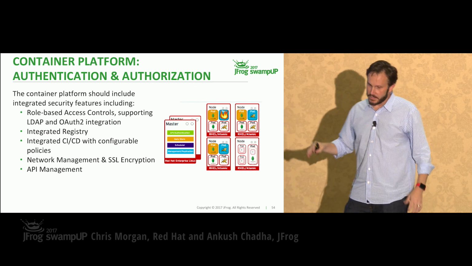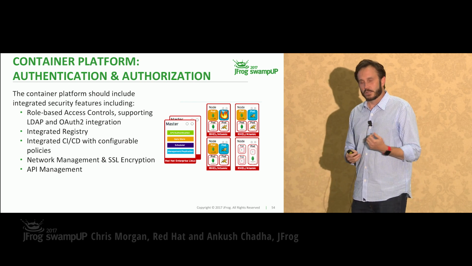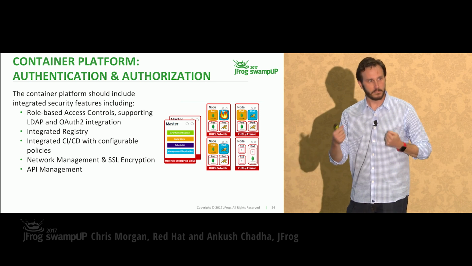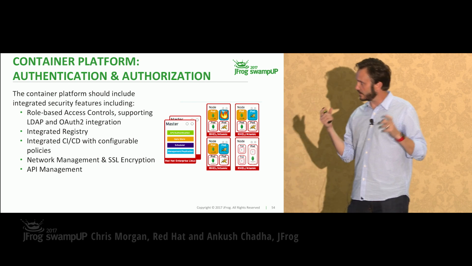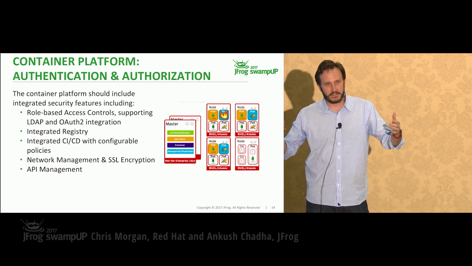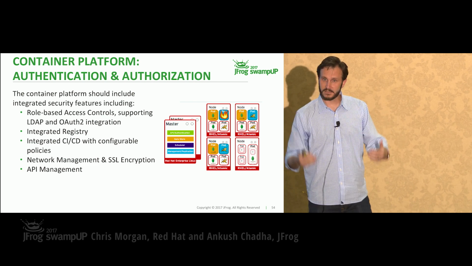Authentication and authorization. When the Kubernetes project in particular first came out, you were cluster admin or you were not, right? And so you needed some kind of role-based access control and other pieces if you're going to lock down these containers, because you don't want everyone to have containers that have super privileged or root access capabilities.